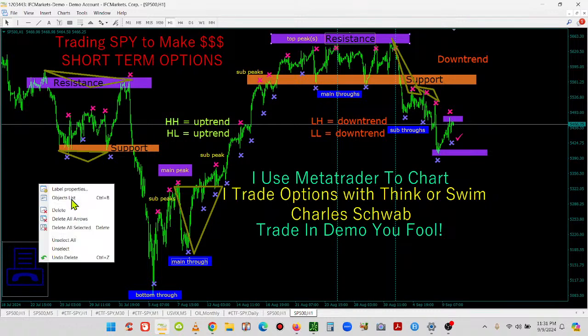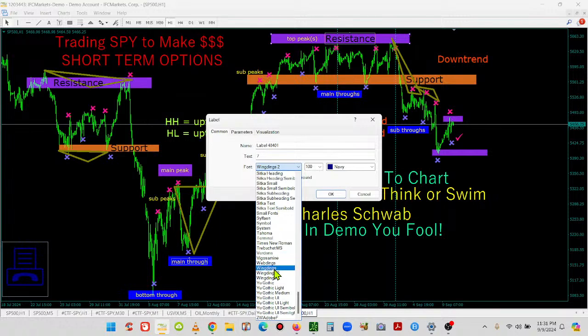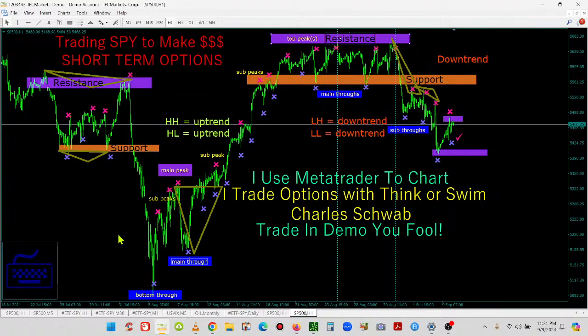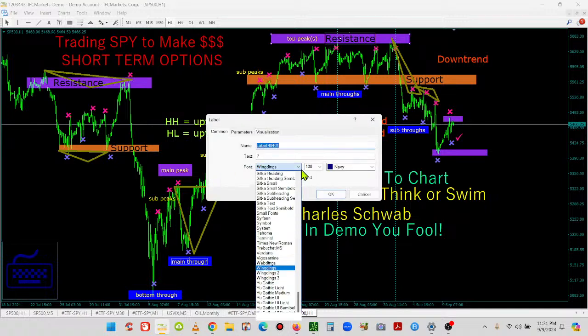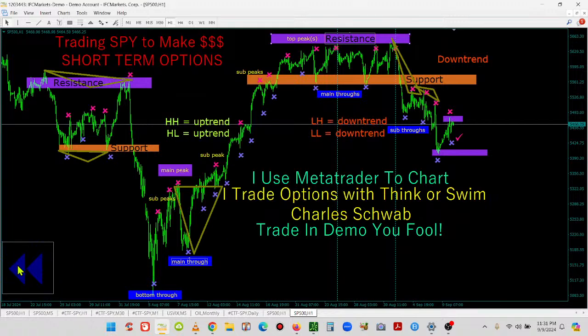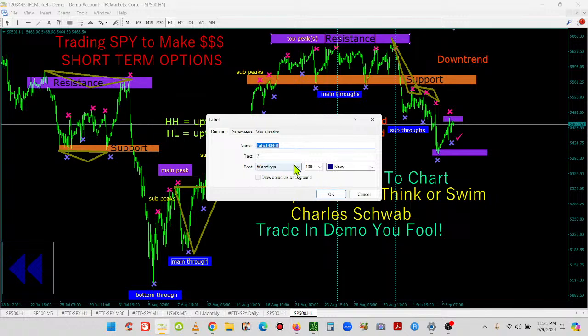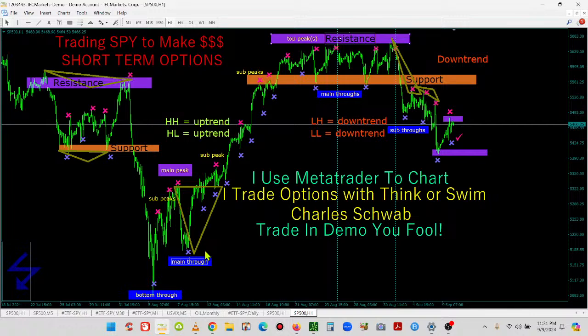Oh no, oh God, I hate that. Oh my God, that's awful. No. All right, the first one was the best one. How about Webdings? That one's kind of cool. Okay, no, we're going to be Wingdings 7. Okay, that's it.